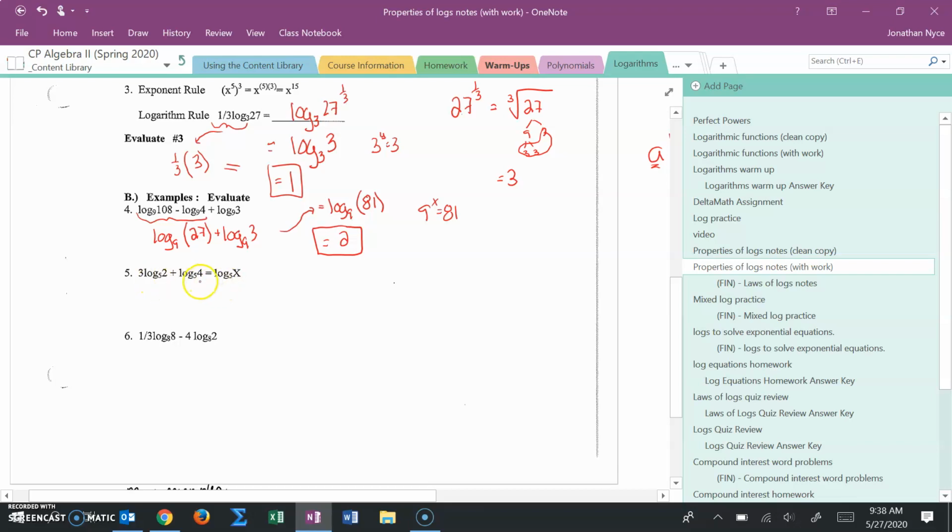Here on the left side we have 3 times log base 5 of 2 plus log base 5 of 4 equals log base 5 of x. Again, multiplication comes before addition, so we're going to take care of this 3 log base 5 of 2 first. And remember, coefficients become exponents.